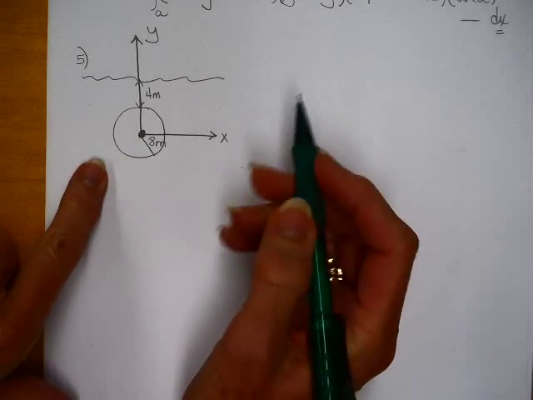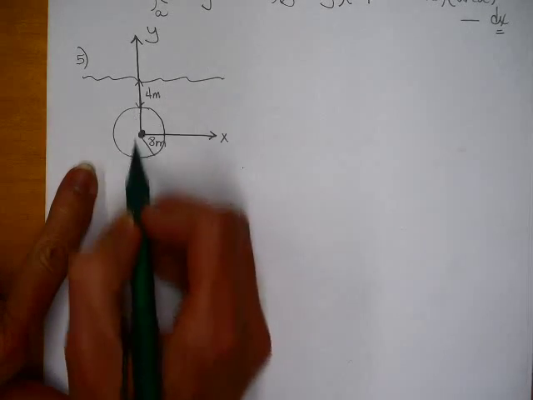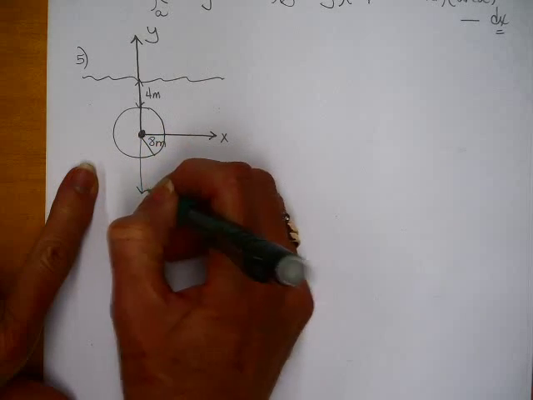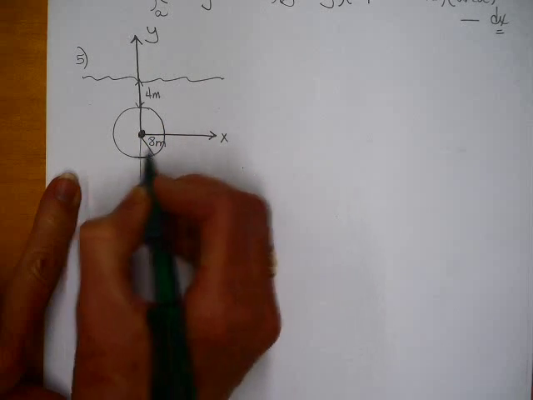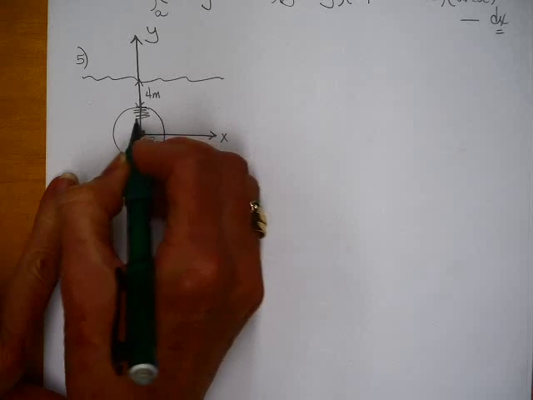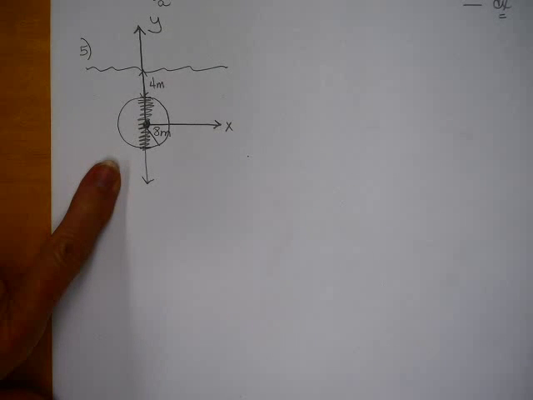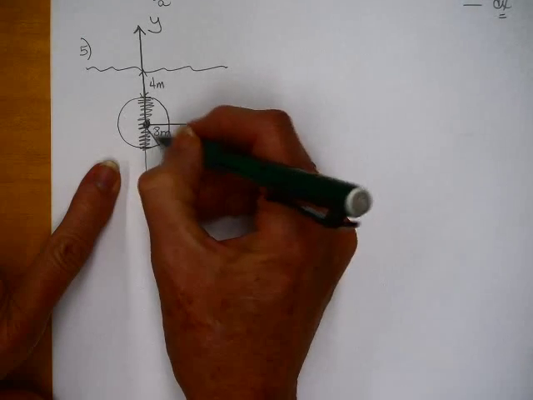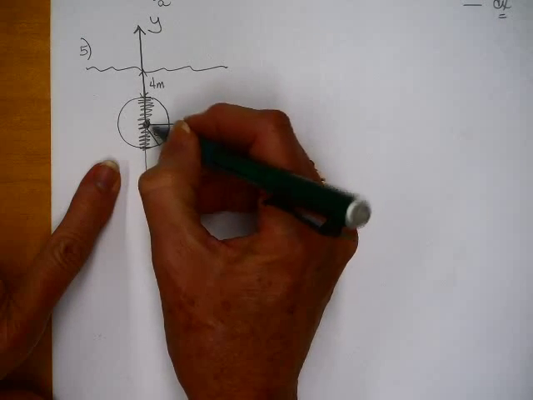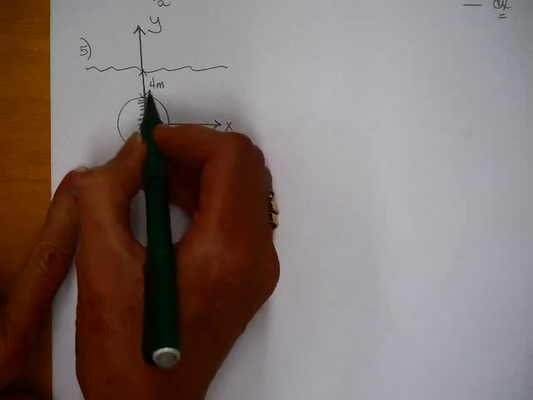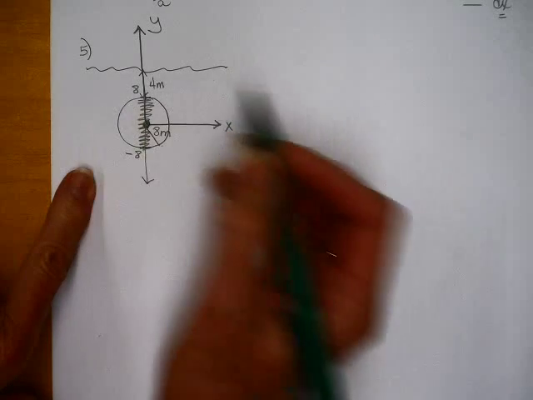All right, so I'm going to be integrating the entire surface here, which means I'm going to be going from this line to this line. I need to integrate that whole thing right there. I know they gave me that the radius of this circle is 8 meters, so I know I'm starting down here at -8, and I'm going up here to +8.